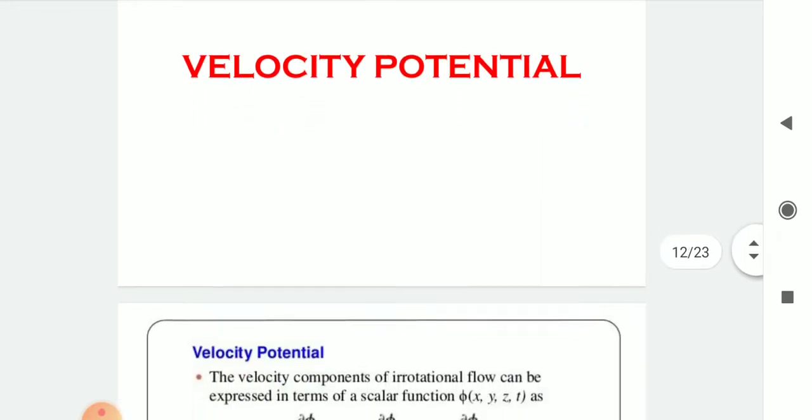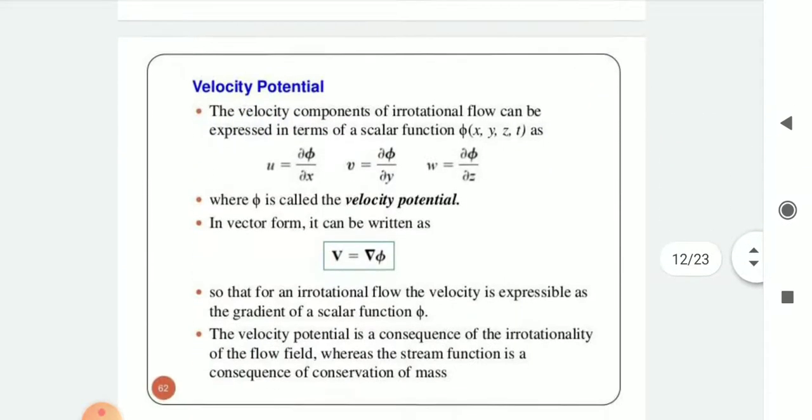For steady flow, velocity potential phi is equal to f(x, y, z), where x, y, z are the coordinates, and u = -∂φ/∂x, v = -∂φ/∂y, w = -∂φ/∂z. The negative sign indicates that flow takes place in the direction in which phi decreases.